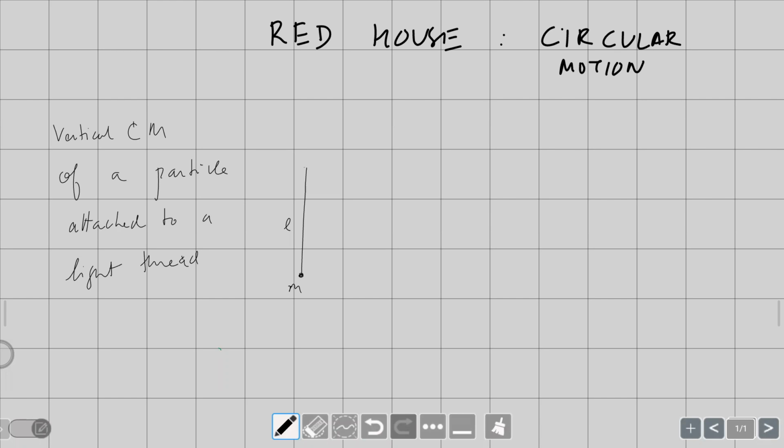This thread is suspended at this point O, let's say. So you give it a push over here, it has some tension, then the particle can either sway like a pendulum or it can complete the vertical circular motion.